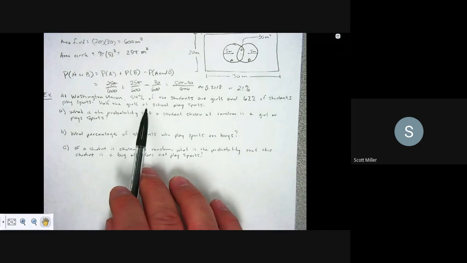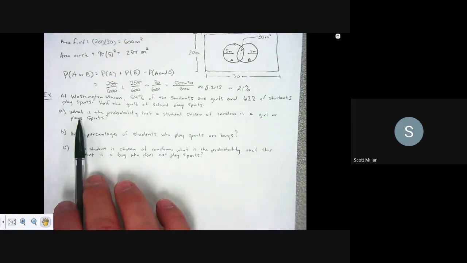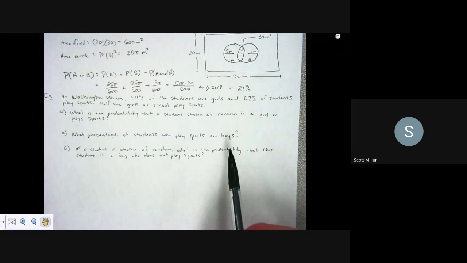Half the girls at school play sports. What is the probability that a student chosen at random is a girl or plays sports? So how do we do that? Okay. So a lot of percentages are floating around here. You can use a Venn diagram to help us figure this out.